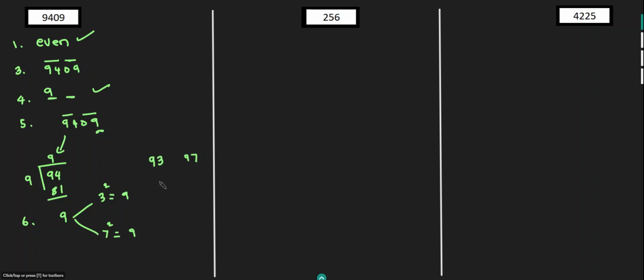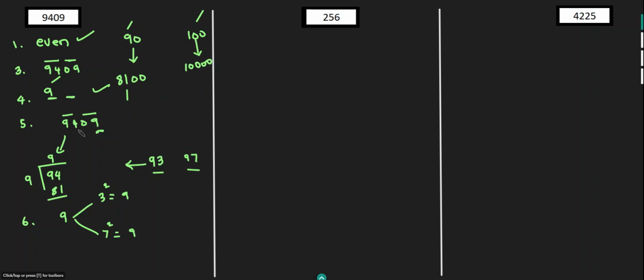Now we have to determine whether it is 93 or 97, and for that we take the first 10 multiple of this 9, which is 90, and then the next 10 multiple is 100, and we find their squares. The square of 90 is going to be 8100, because the square of 9 is 81, so we put 81 and then two zeros. And the square of 100 is going to be 10,000.